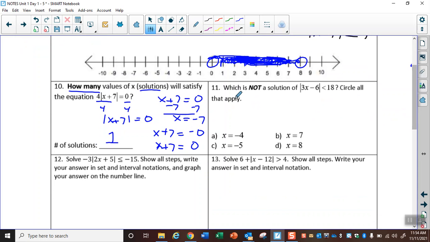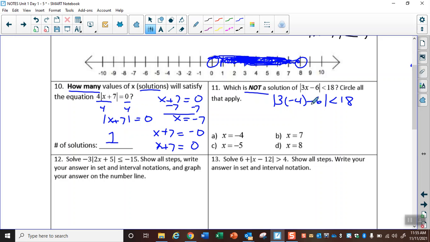And then this is saying what is not a solution of this one. You could solve it, or you could check each one, substituting in. So for example, I could say the absolute value of 3 times negative 4 minus 6 is less than 18, and put that in Desmos. 3 times negative 4 is negative 12 minus 6, so that would be negative 18.